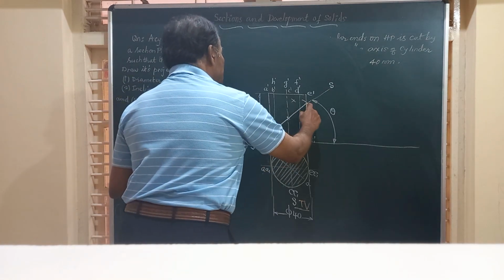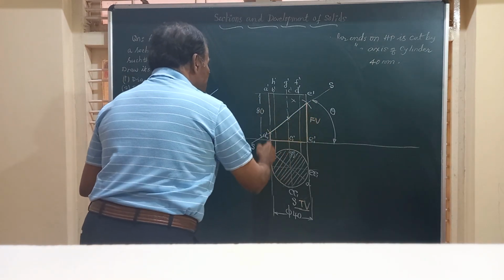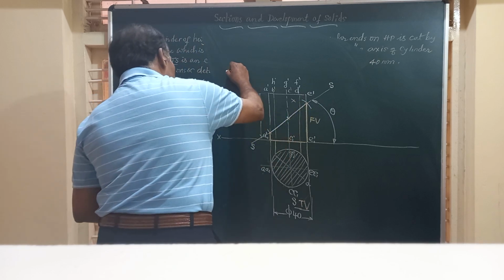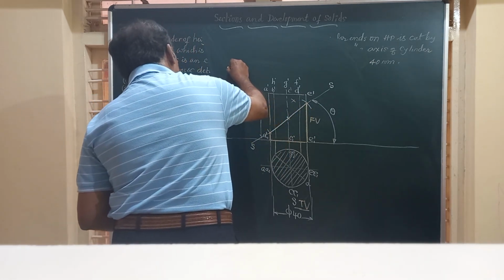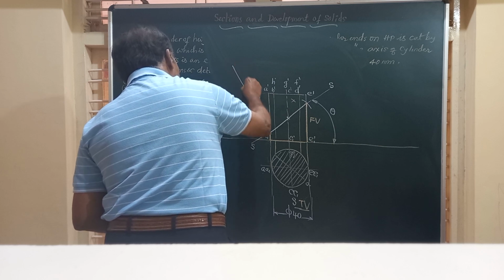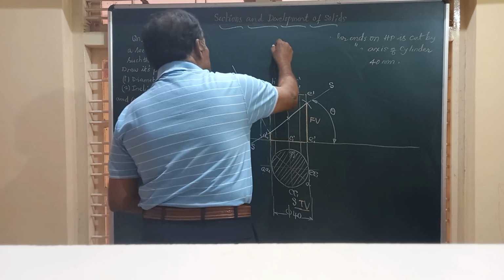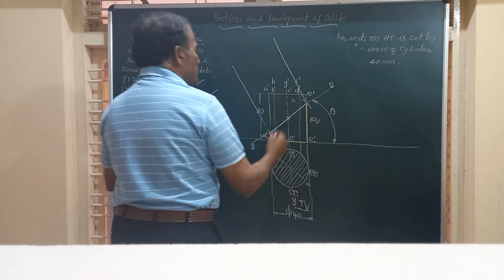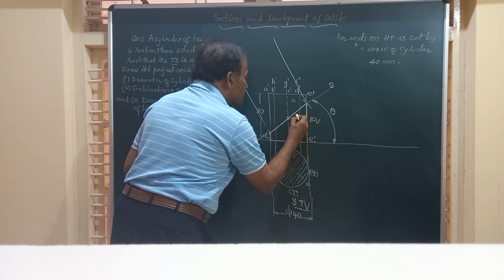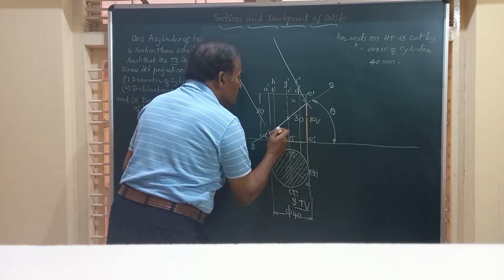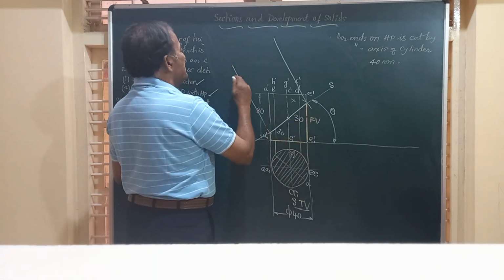From these points where the extreme generators are cut by the section plane, I am going to draw two lines perpendicular to SS. So friends, this is one such line, and this is the second line. Remember, this radius is equal to 30 mm and this radius is also equal to 30, so totally it is 60 millimeter, friends.